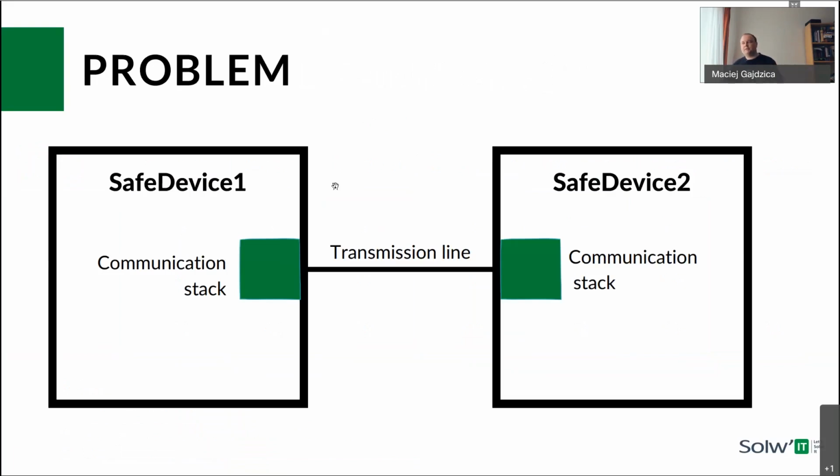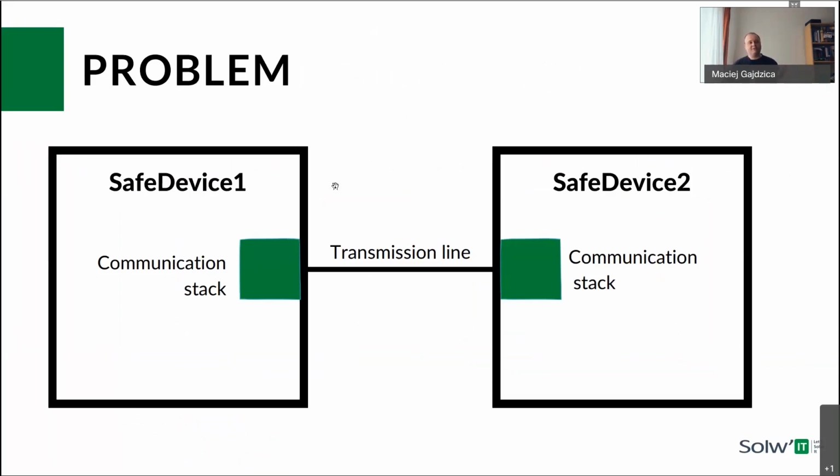And regarding communication, there is another interesting problem, because imagine the situation that we have two safe processors that are communicating with each other, and they are also doing some more critical tasks. And we must implement this communication protocol on the same processor that is doing this critical task.